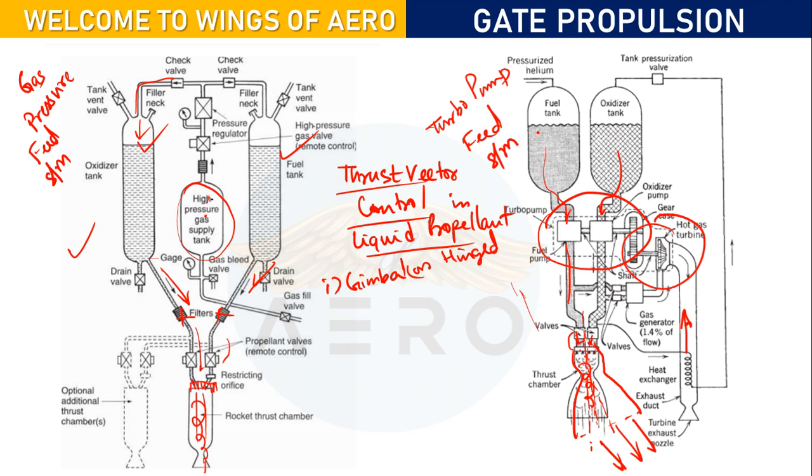Similarly, using thrust vector control in a liquid propellant, one mechanism is called gimbal or hinge mechanism. We can twist the thrust chamber in our required direction and produce the thrust in that direction. Next is jet vanes.